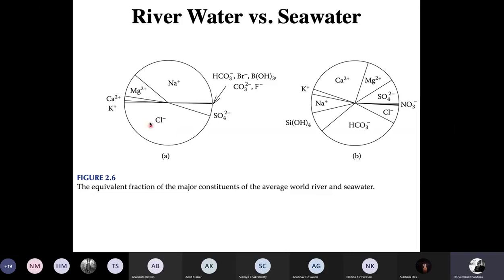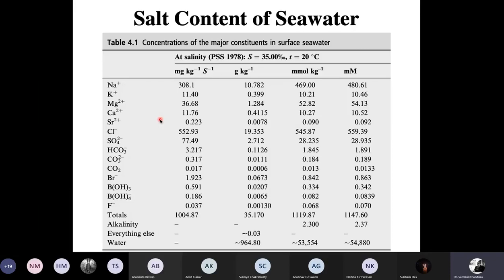Dissolved chlorine has very low reactivity. Gaseous chlorine is highly reactive, dissolved chlorine is non-reactive. We know for sure all chloride salts are water soluble. As a result, chlorine has a long residence time in seawater, thus chlorine has a very high concentration in seawater. Next lecture, we're going to attack the residence time idea.